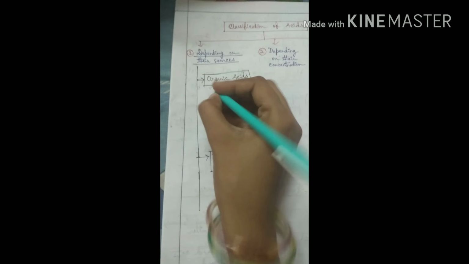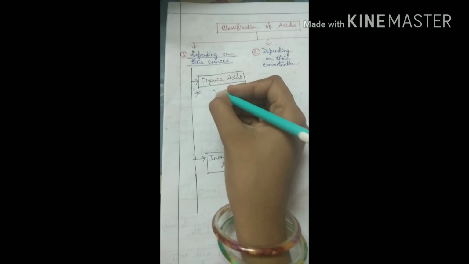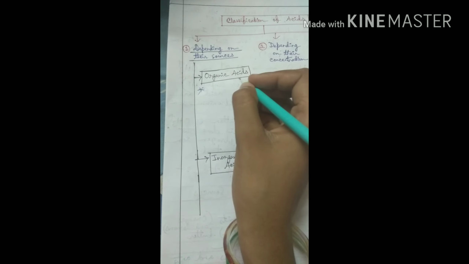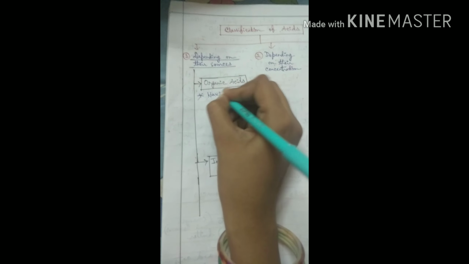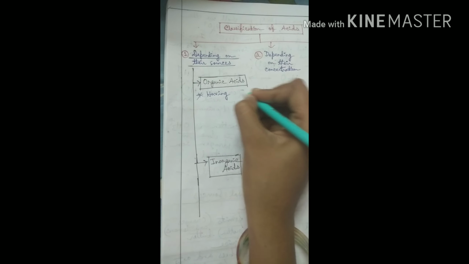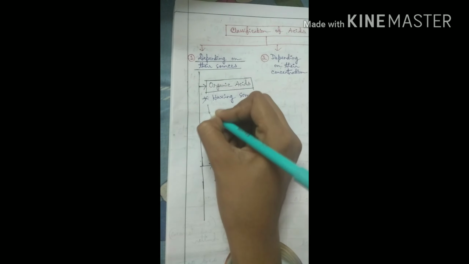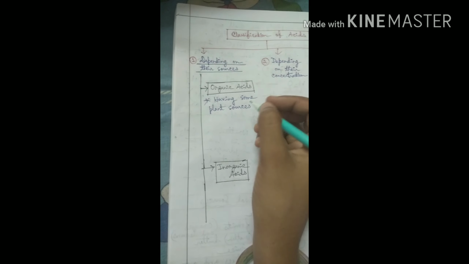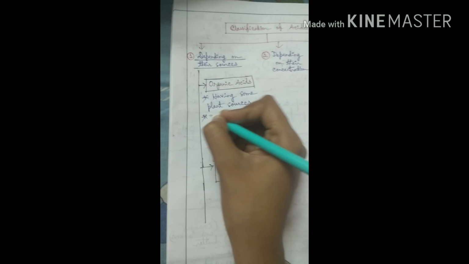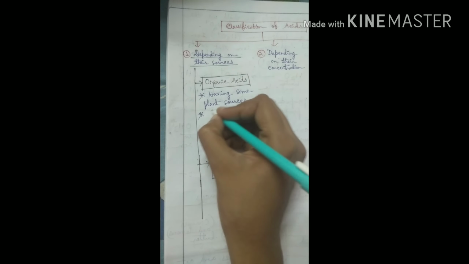Organic acids are such acids whose sources are plants. Also, they are weak acids.